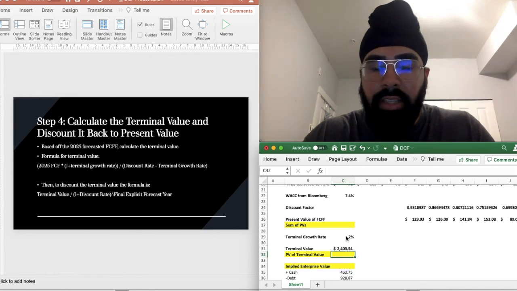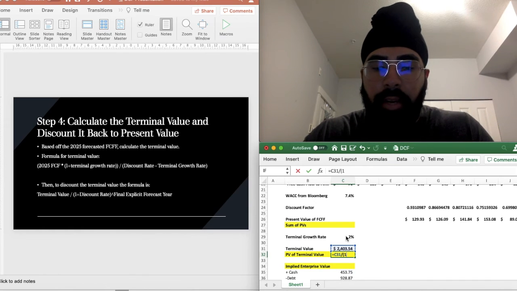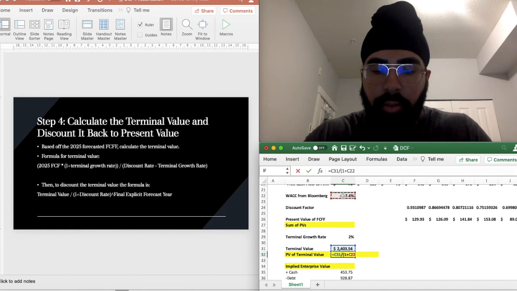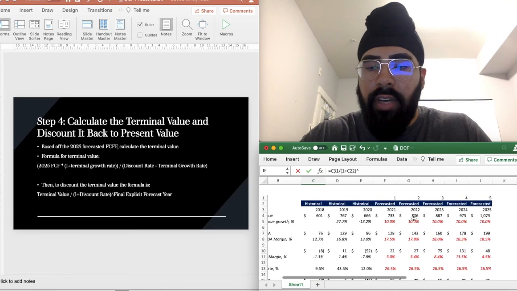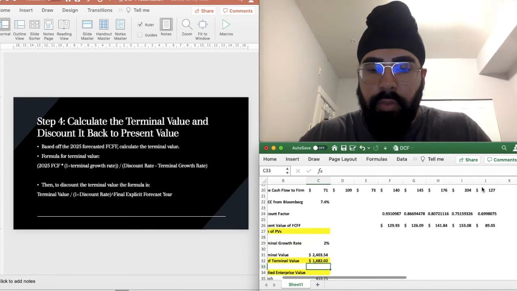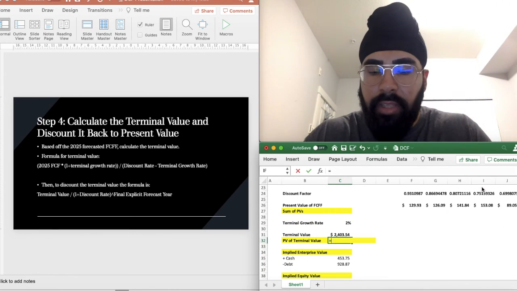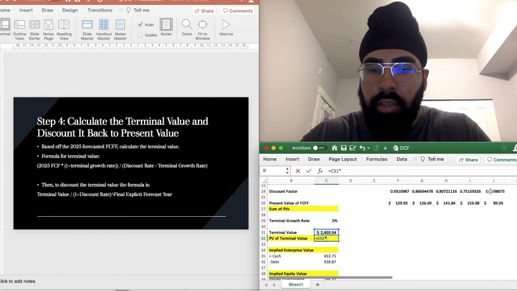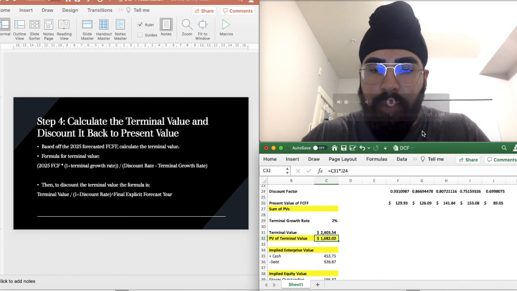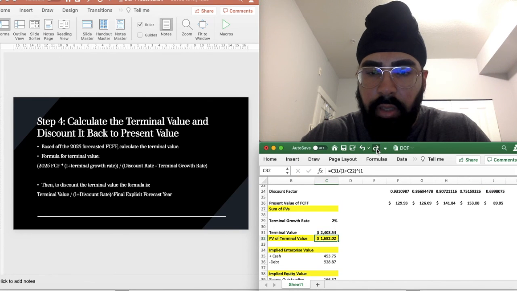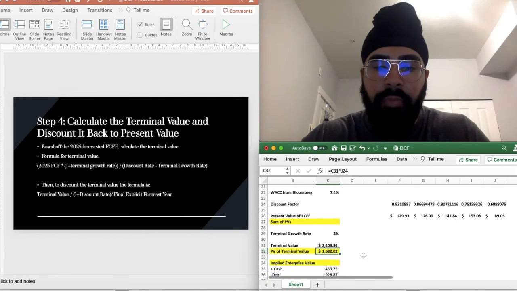And then you also want to get the present value of that. So you would do this divided by 1 plus the discount rate to the 5, which gets you that number. Or you could just multiply this by that, and it's the exact same number, I believe. Yeah, it's the exact same number, so you can do either one.